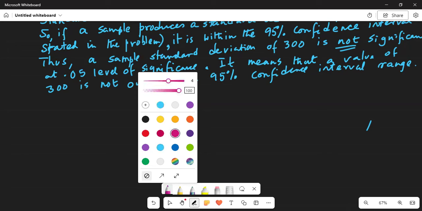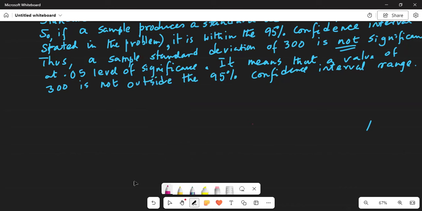Part B. Alpha level of significance is 0.01.